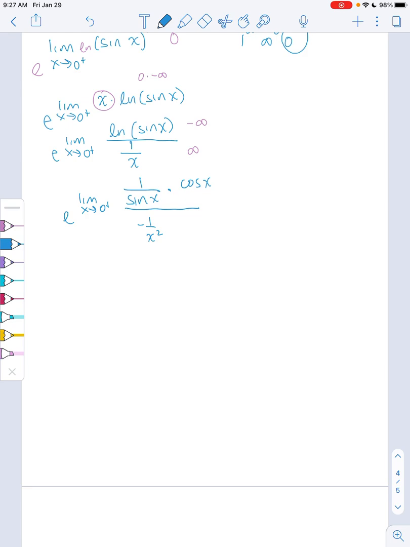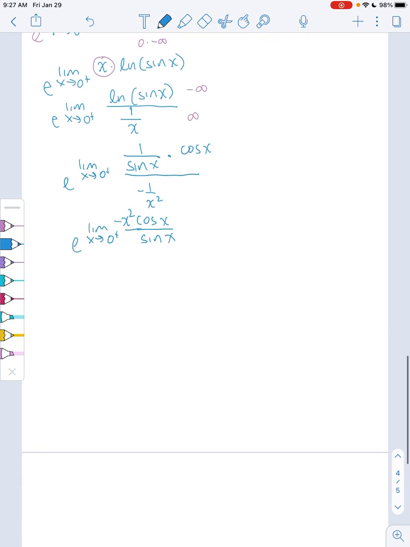So we can flip our fraction and move it to the top, and we get e to the limit as x approaches 0 from the right of cosine of x over sine of x, and then negative x squared is on the top once we multiply by the reciprocal. So just reducing our fraction down to this.